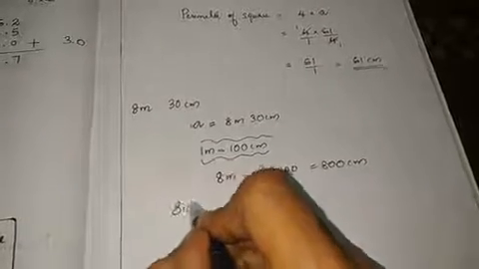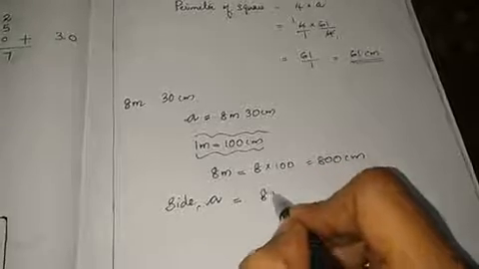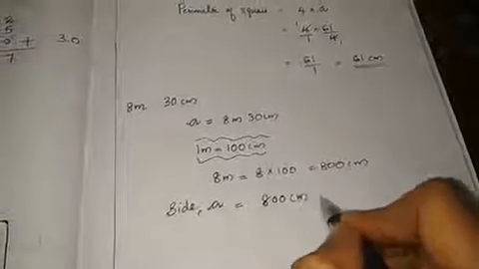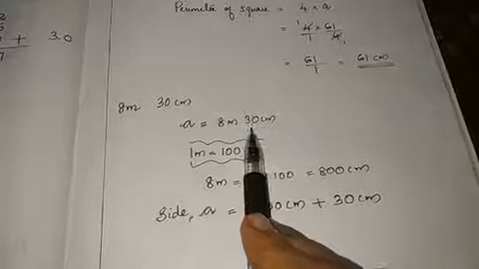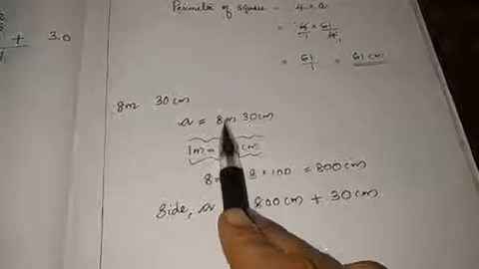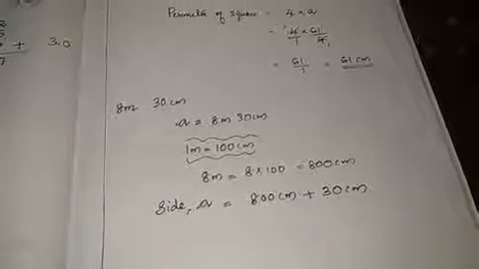Clear? Now we have 30 centimeter also. So we can rewrite the side as 800 centimeter plus 30 centimeter. From where I got 30? Already it is given in the question. 8 meter 30 centimeter is the side length of a square.